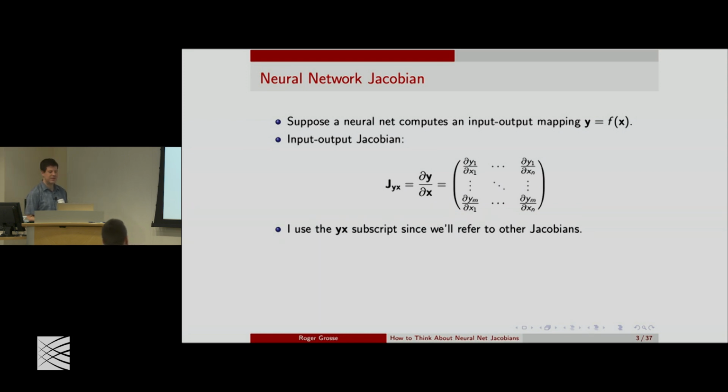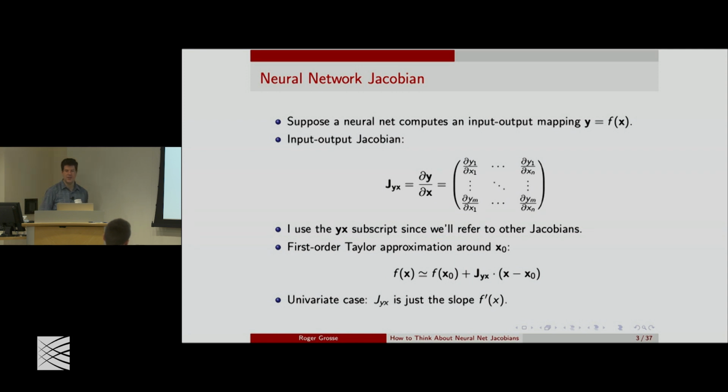And the Jacobian matrix is just the matrix of partial derivatives of the entries of y with respect to the entries of x. Right, so each entry of the matrix is one of the partial derivatives. And I'll use the subscript yx to indicate that this is the Jacobian of y with respect to x. I'll also talk about some other Jacobians in this lecture besides the input-output one. But this is probably the most relevant one to think about for most of this talk.